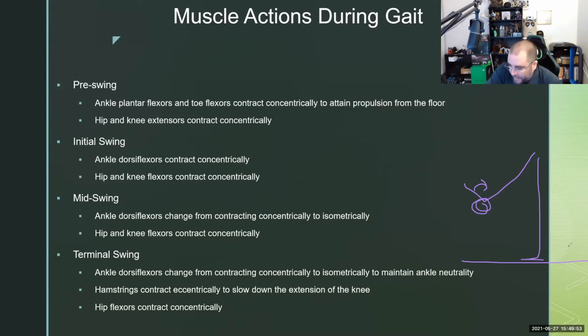Dorsiflexion. Good. If you know that, then you know what muscles have to be contracting. The dorsiflexors, right? Whether it's eccentric, concentric, or isometrically, they have to be doing something in order to hold that foot into dorsiflexion. Does that make sense?